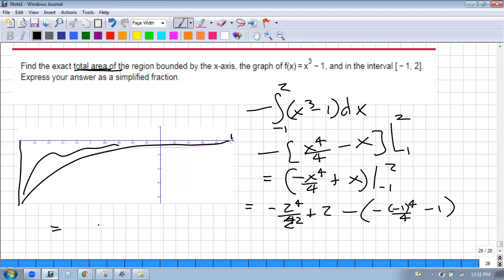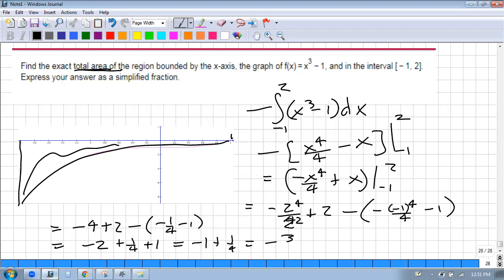So I got a negative 4 plus 2. Minus 1 to the fourth is just 1. So this is negative 1/4 minus 1. Negative 4 plus 2 is a negative 2. Distribute this: plus a fourth plus 1. Negative 2 plus 1 is minus 1. Plus a fourth would be a negative 3/4.